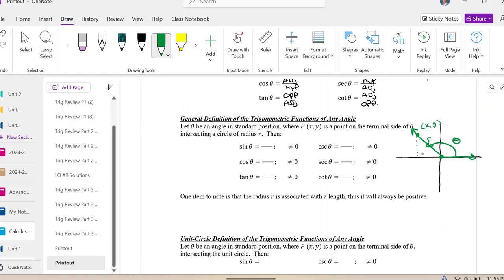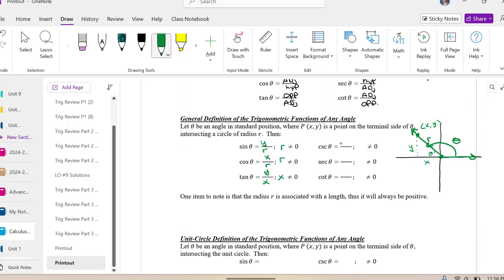So you could draw a reference triangle, right? So this would be y and this would be x. So the sine is really y over r. The cosine is x over r. And the tangent is y over x, where those denominators can't equal 0.